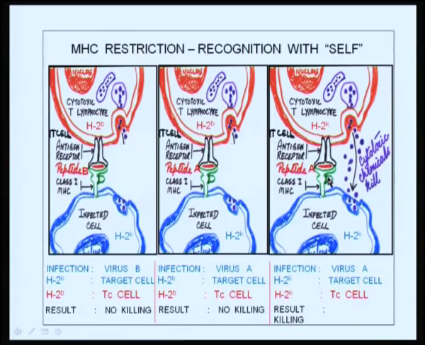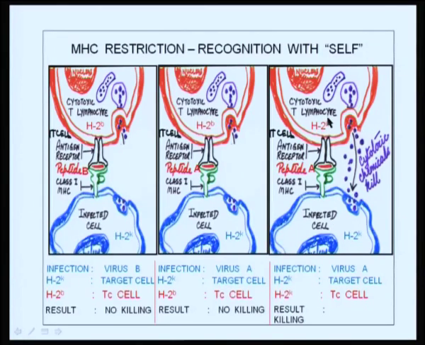When the CTL recognizes this peptide A, and this CTL shares the same MHC haplotype or the same MHC genotype, then the CTL recognizes the infected cell as self, and in this case this has been designated as H2K, and we saw how these representations can be done in the MHC lectures.